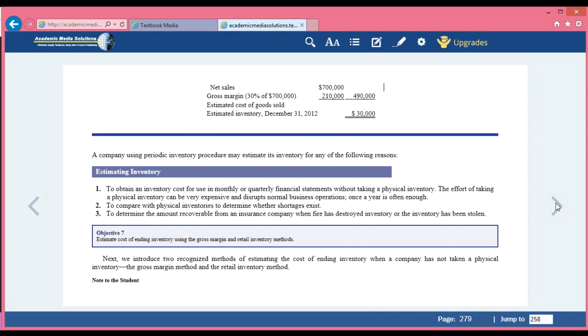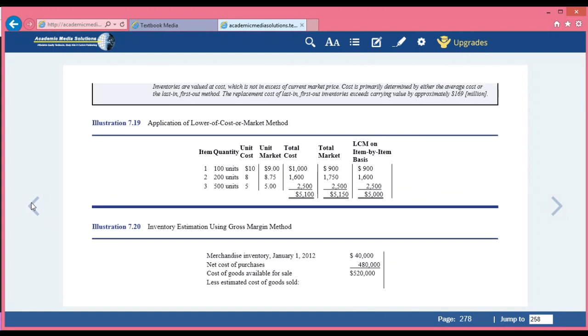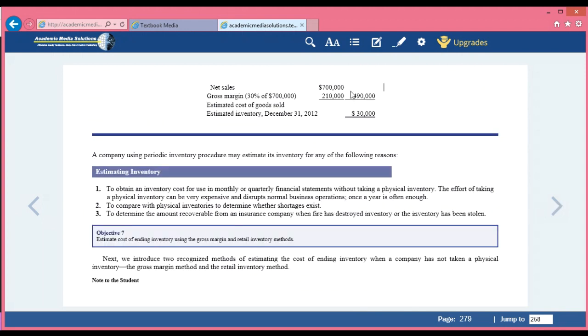And then there's one other way. If all of your inventory records are burned up in a fire, for example, you still have your books. You can estimate inventory. You know your beginning inventory. You know your purchases, so you know the cost of goods available for sale. You generally know the markup on your goods. So in this case, you had net sales of $700.